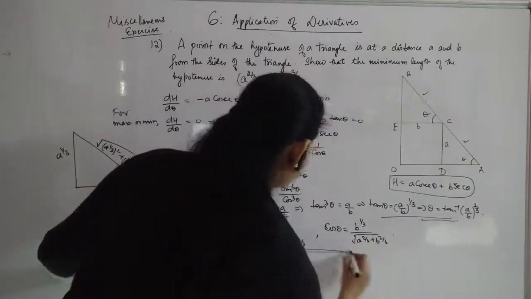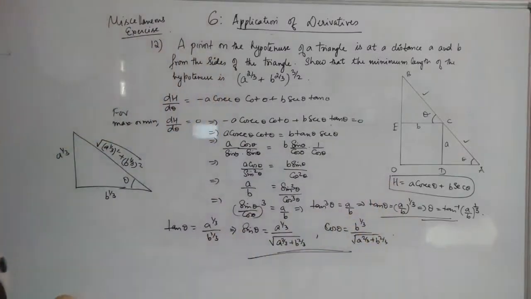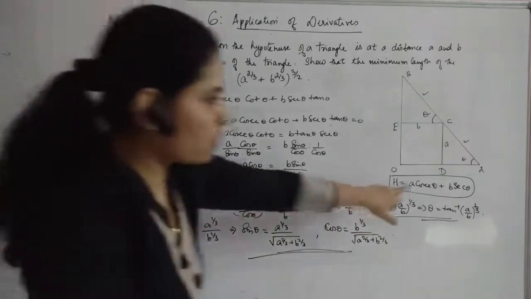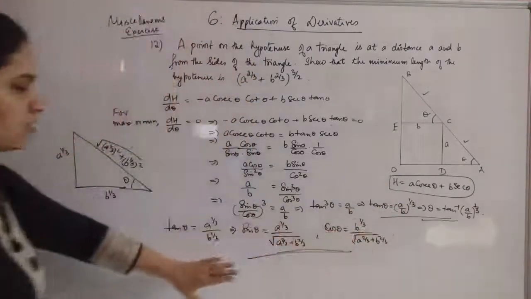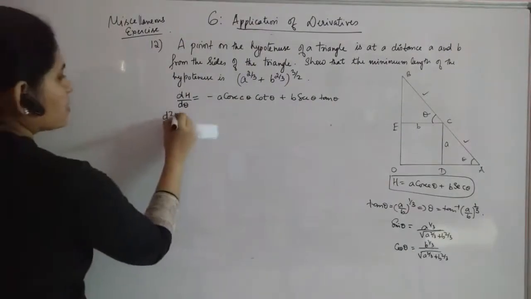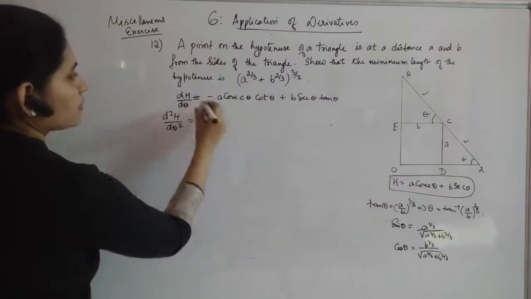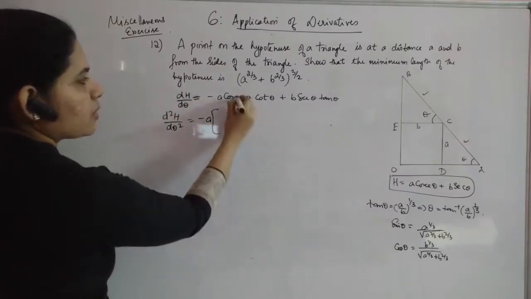So these two are important in order to replace them, or else you have to convert it in terms of tan. Cosec and sec can again be changed in terms of cot and then replaced. Okay, so this will be easy if you find out what sine and cos are. Derivative d square h by d theta square is equal to minus a constant. You can take these as product rule.